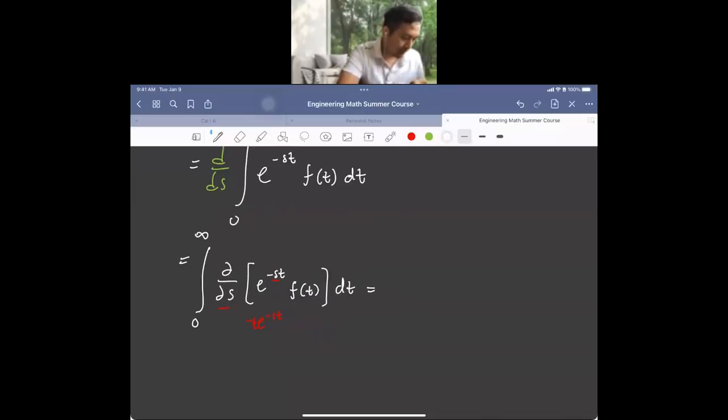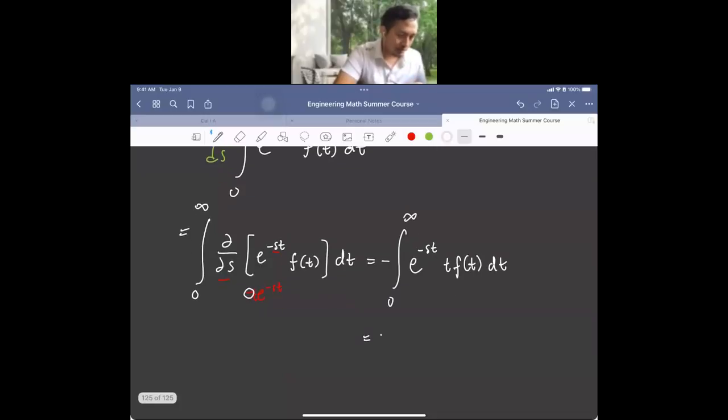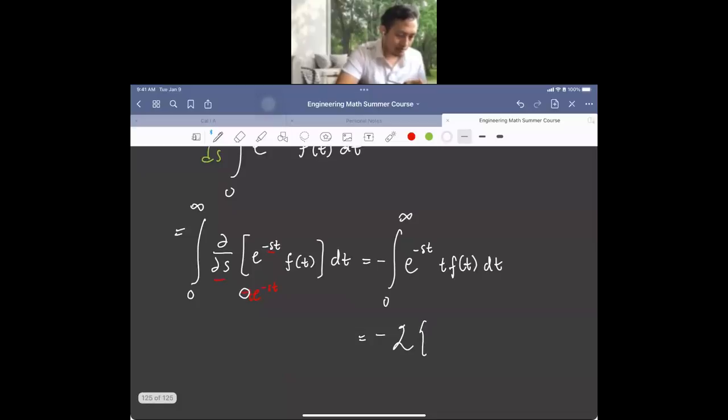So we can write this, and let me put negative outside here. Integration from 0 to infinity, and this will be e to the negative st and then t, and then f of t dt. We can say that this is equal to the Laplace of the function t f of t.